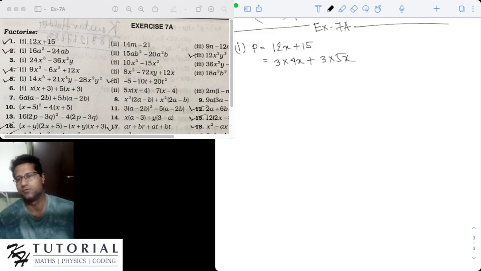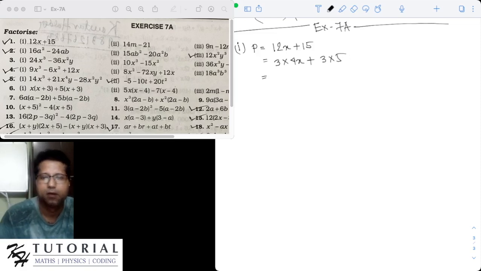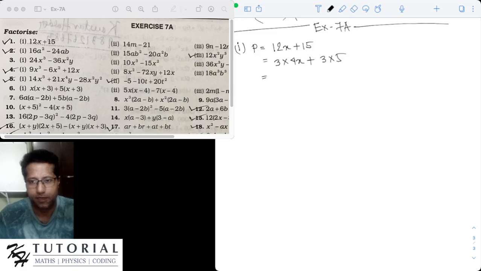And I can see that 3 can be taken as a common factor. 3 is also a monomial. So I can now take out 3 multiplied by, not 5x, but 3 into 5. I can see that 3 is a common factor in all the terms. So I can factor out 3, and I get 3 multiplied by 4x plus 5. So this is the factorization of the polynomial 12x plus 15.